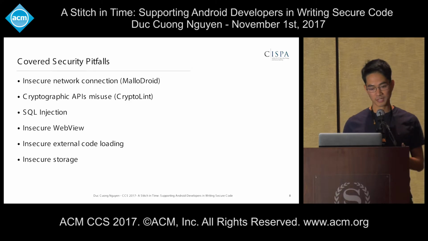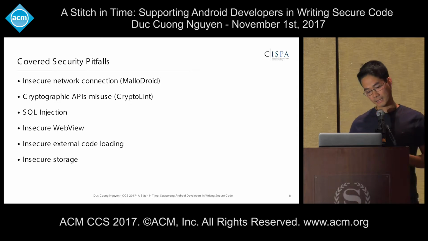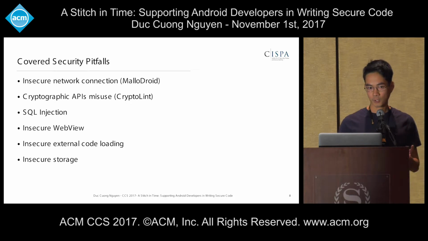In particular, our list includes first the insecure network connection, which is extracted from the MalloDroid paper, where developers may use insecure options such as the HTTP protocol, like in the previous example that I have shown you, and it can be that developers implement the hostname verifier improperly.